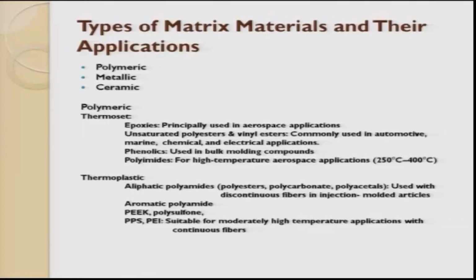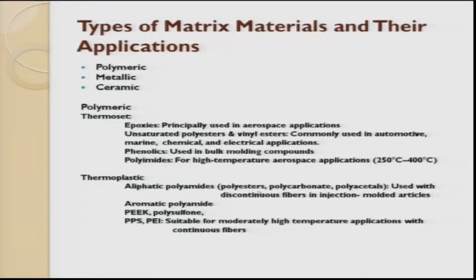When you talk about thermoplastic, the different examples are aliphatic polyamides, polyester, polycarbonate and polyacetate. Polycarbonates are exhaustively used in rapid manufacturing. That means in the FDM process, we use polycarbonate as one of the wires for processing.